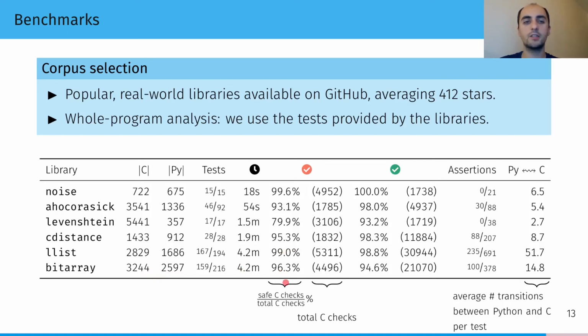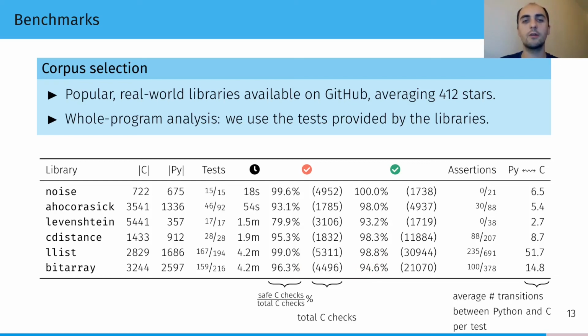Here is the selectivity of the C analysis. So this is the number of operations proved safe compared to the total number of runtime error checks. So in C, this includes integer overflow checks, invalid pointer differences, and so on. And here is the selectivity for the Python analysis.